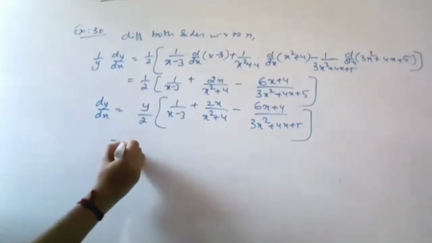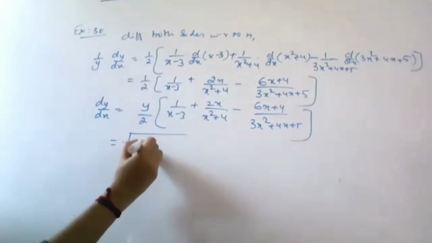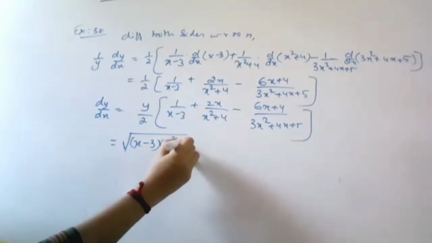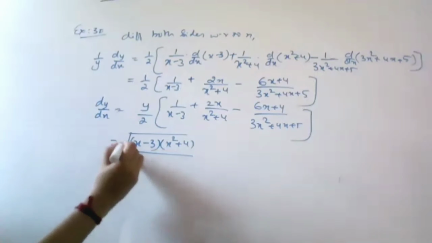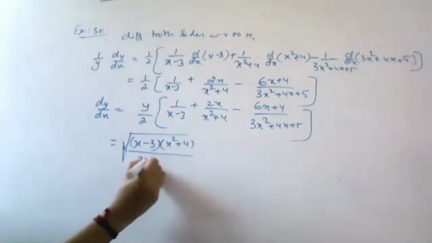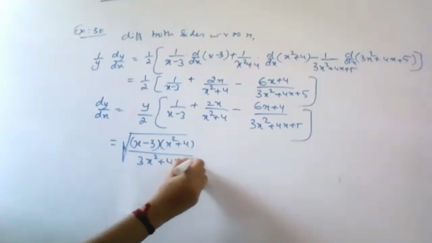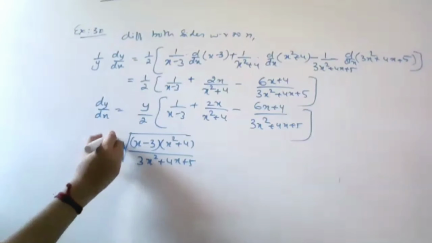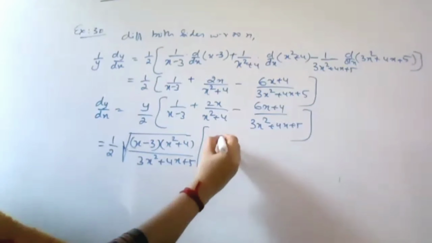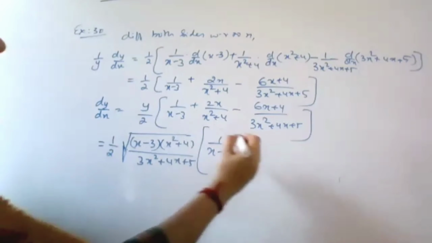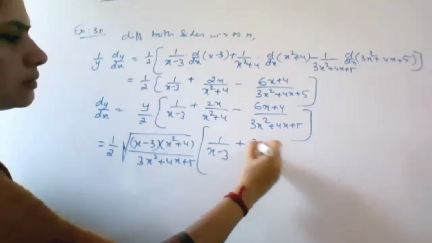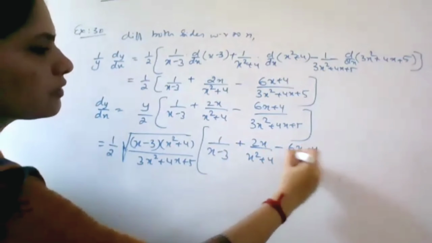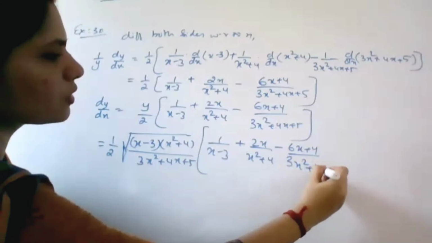Root of x minus 3 into x square plus 4 divided by 3x square plus 4x plus 5. And 1 by 2 is also there, so that 1 by 2 into whatever you have got: 1 by x minus 3 plus 2x by x square plus 4 minus 6x plus 4 divided by 3x square plus 4x plus 5.